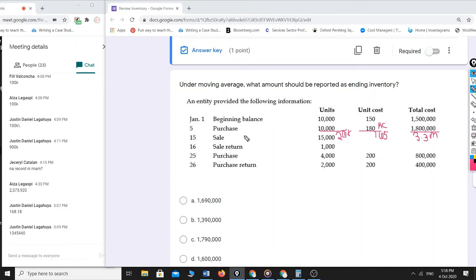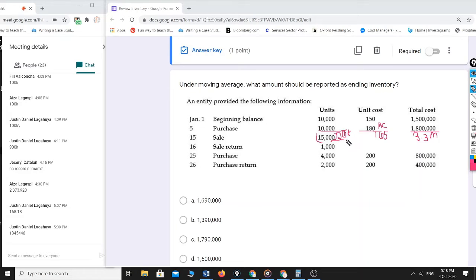Next is the sale. So the inventory is updated, because 15,000 were sold. What is the cost of these 15,000? Of course, we will use the 165 average cost computed on January 5. So 20,000 minus 15,000.